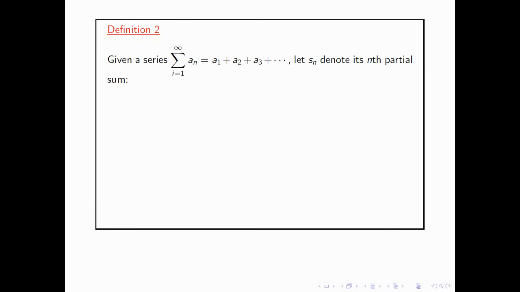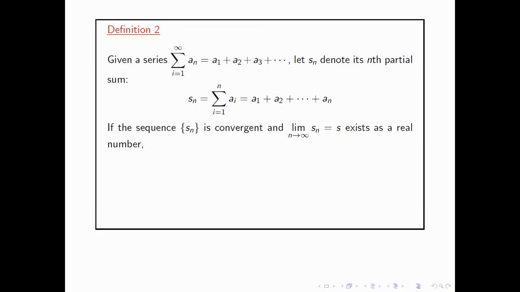There's no end. We're taking all of the indices, we're summing up to infinity. Let Sn denote its nth partial sum. What do we mean by that? That's what we mean. We sum the individual components, the individual terms of the sequence an up to the nth element.